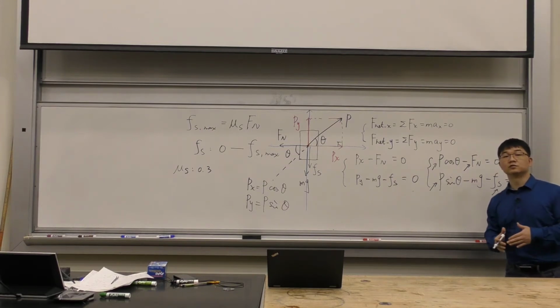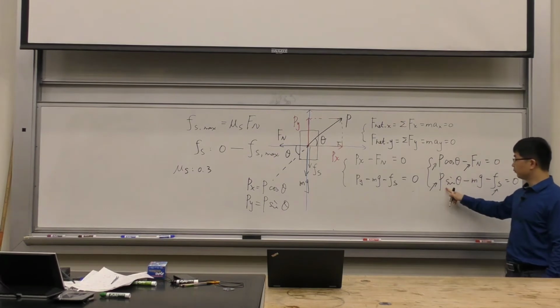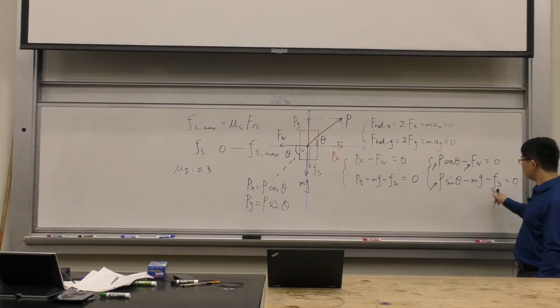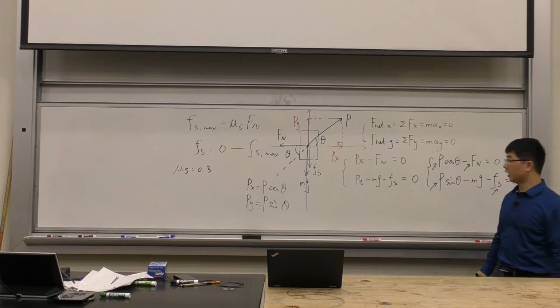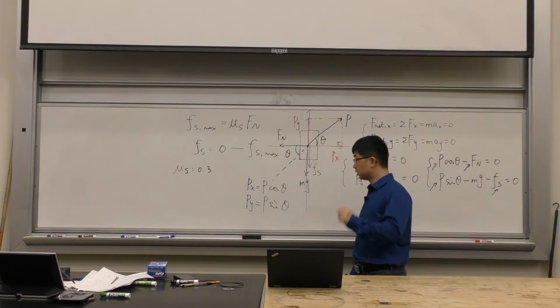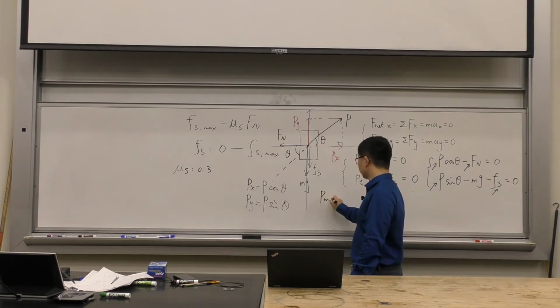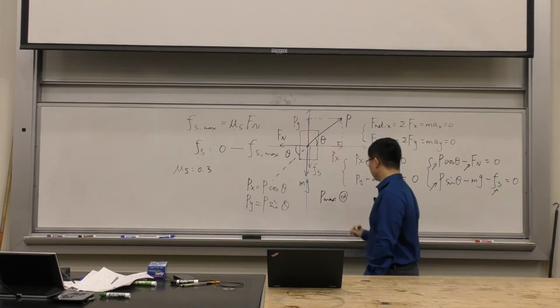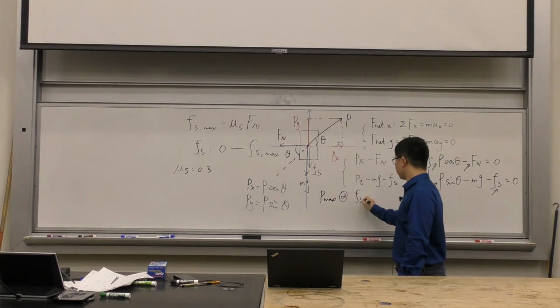So it's going to start to move up. So the maximum P is going to occur when the static friction force has reached the maximum. Okay? So that's how we figure out when P max occurs, right? So the P max is going to occur when fs has reached the maximum.